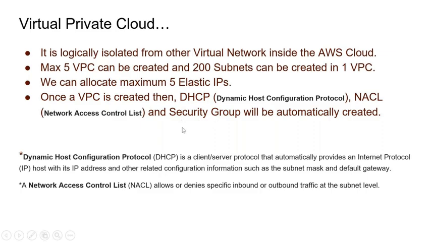That option is not available in a security group. You only specify which protocol you want to allow, and the protocols you don't want to allow, you simply don't specify. Whereas in a NACL, we can specify both. We can allow, and you can also mention which protocol you want to deny.